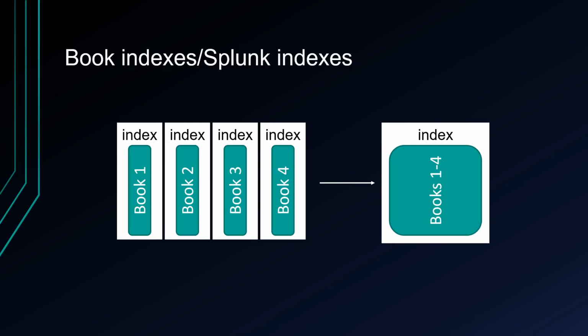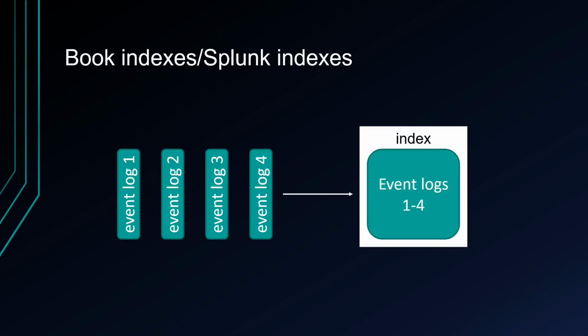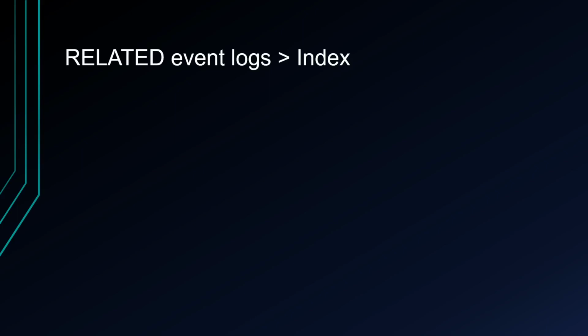Now this is kind of how a Splunk index is constructed, except change the term books to event logs. As you can see here, event log 1, 2, 3, and 4. Squish them all together into one giant event log, and then you have one huge index composed of many different event logs. But keep in mind, even though you have multiple event logs in one index, all of those event logs are related.